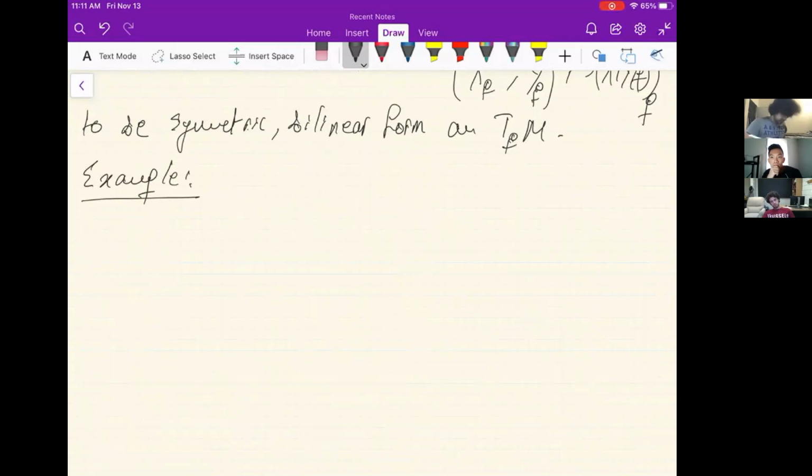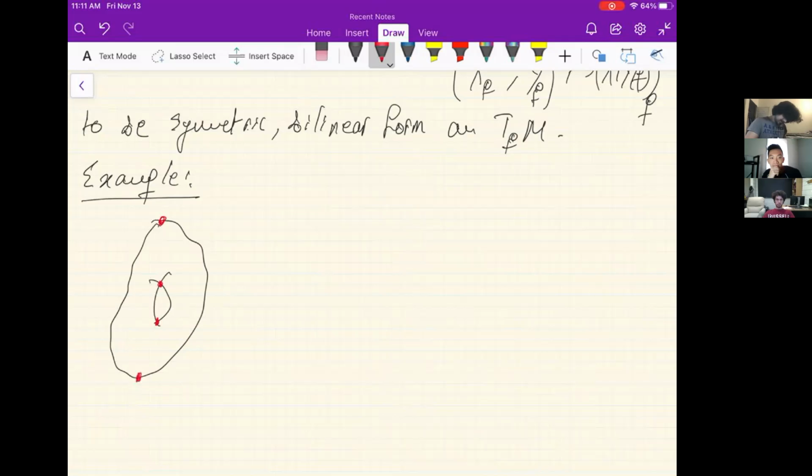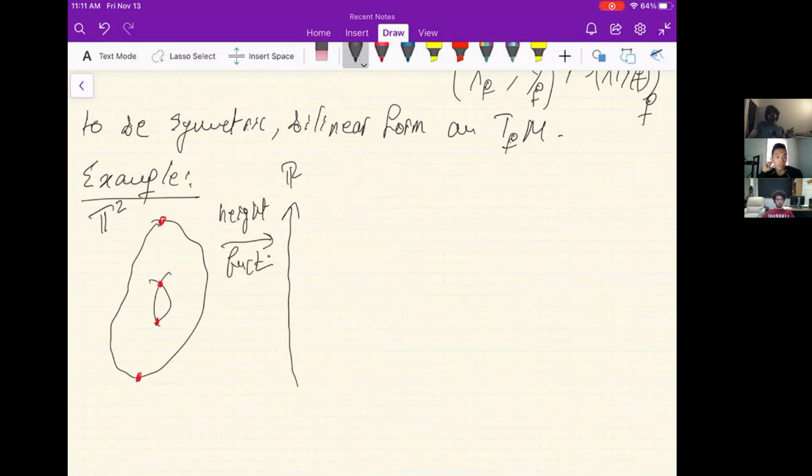Everyone's favorite example in Morse theory is actually the torus. Here I consider a vertically standing torus, and my Morse function is a height function. So you basically take a vertically standing torus and you project it onto the z-axis.